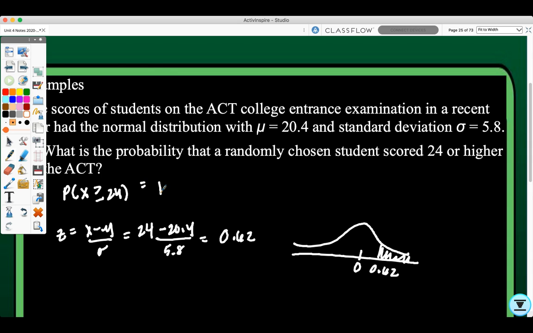So this would be the probability that z is greater than 0.62. Using our calculator, normal CDF again, we would have 0.2674.